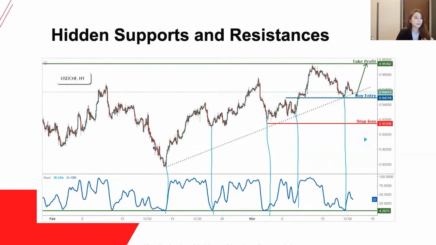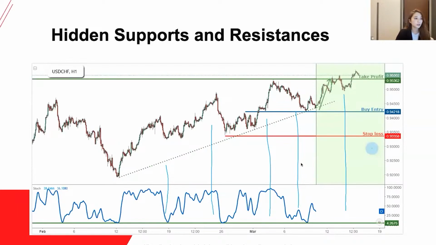We are seeing that these few touch points that bounce off the upward trend line are also bouncing off your invisible support, which is at 4.2675, way below the 20 mark we were looking at before. Let me just clear the drawings.